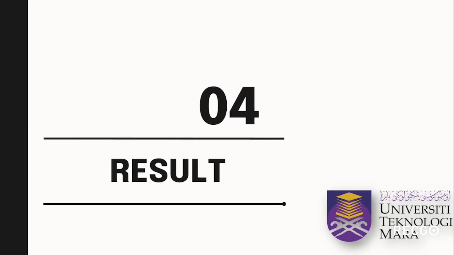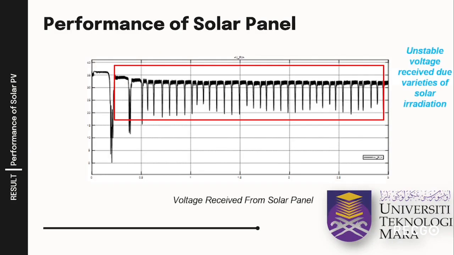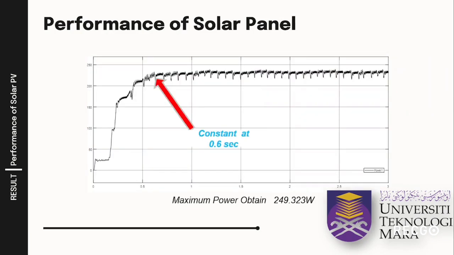The fourth is the result. Based on the unstable graph, the root mean square, RMS, voltage received reached 30.97 volts. A solar panel with a short circuit current of 8.8 amperes and open circuit voltage of 36.5 volts, based on the solar specification, is capable of supplying about 249.323 watts at irradiation of 1000 watts per meter square.